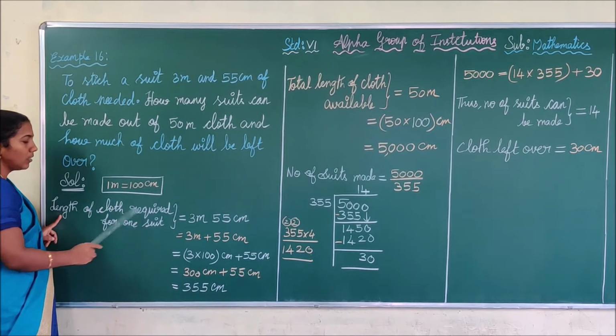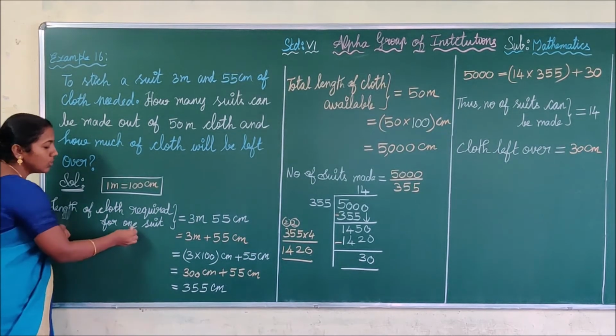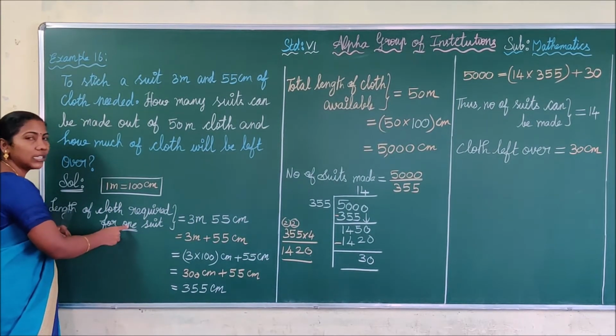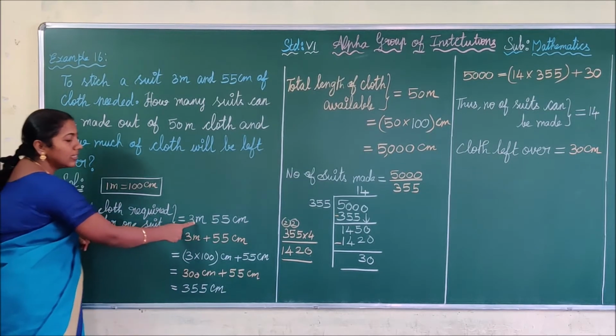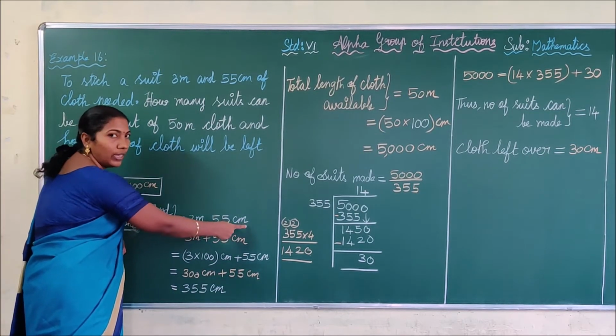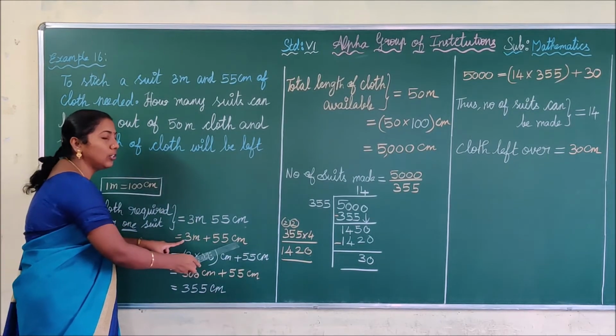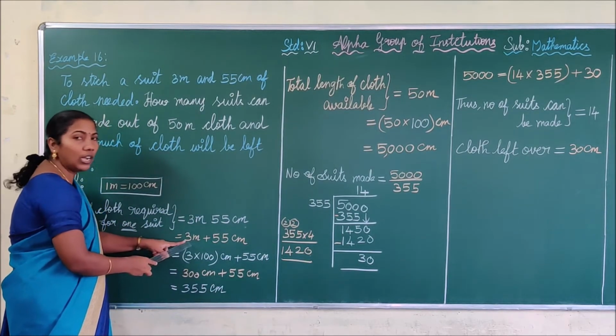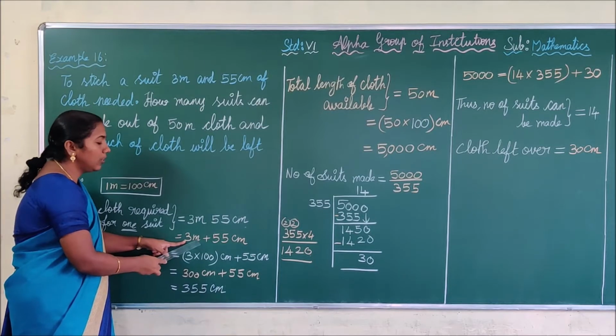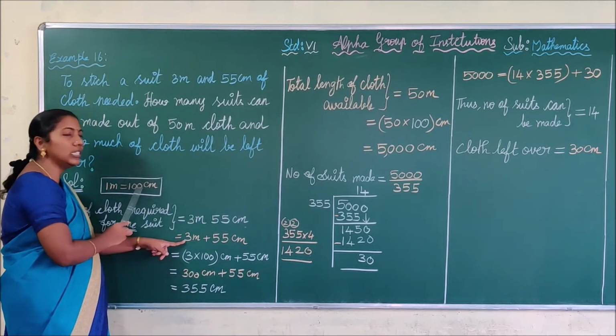Length of the cloth required for one suit. To stitch one such type of dress, it needs 3 meter and 55 centimeter. As in the previous sum, we are again splitting this into 2 terms and we are going to convert the meter into centimeter by multiplying this value by 100, using this formula.